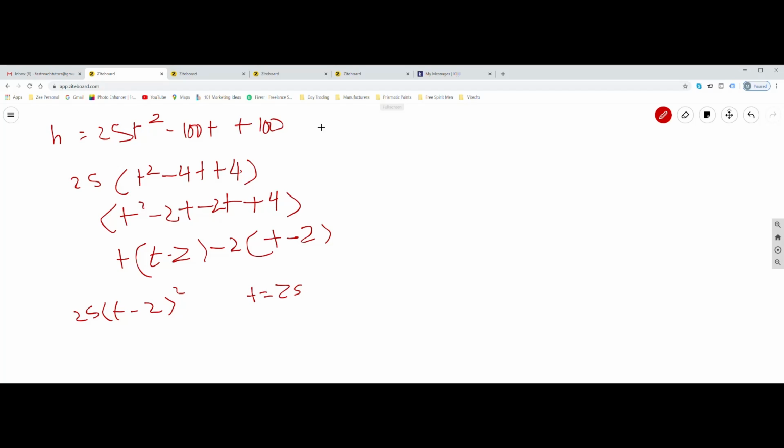And if you put 2 into this equation, you would get a speed of... so we need to find the limit.